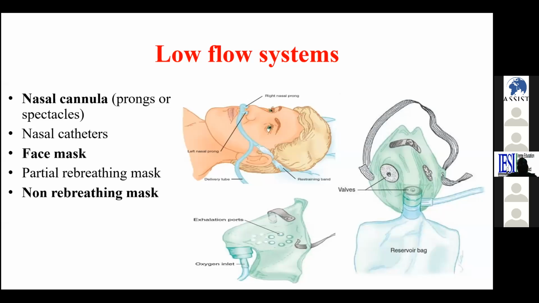I think those three low flow systems are available in our settings. I'm sure in DH you have all of those materials: nasal cannula, facial mask, and mask with reservoir. Next.